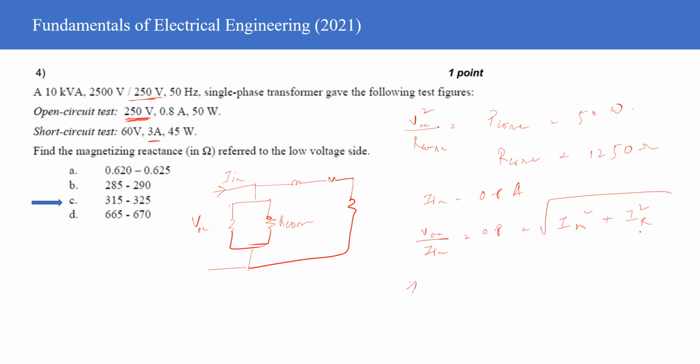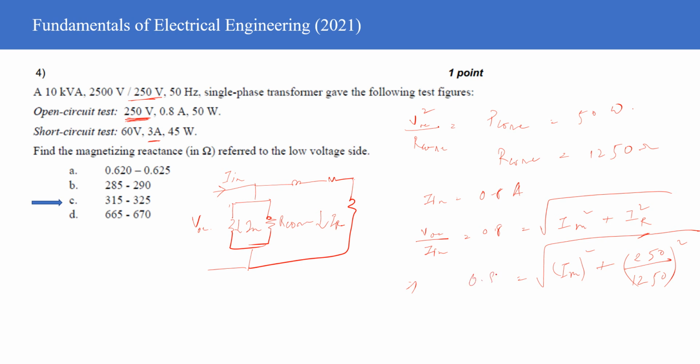The value of IR we can figure out. IR is nothing but 250 divided by 1250. You can square it and you have your IM square. You take the square root and equate it to the input current, right? So this is your IM, this is your IR, correct?